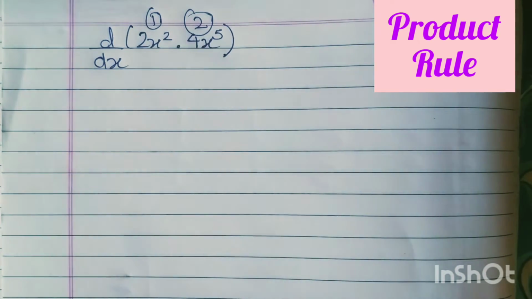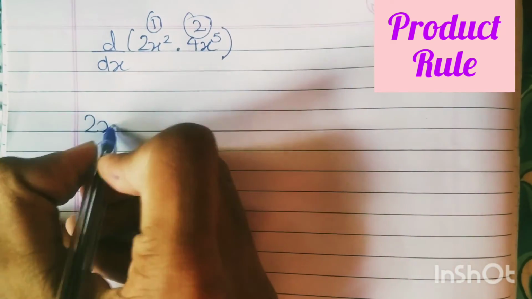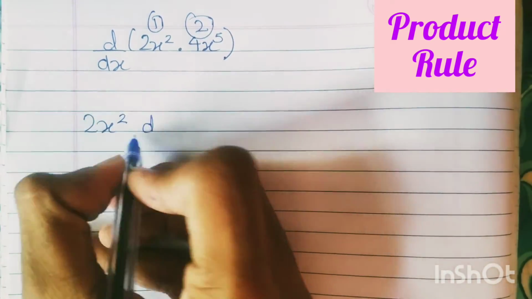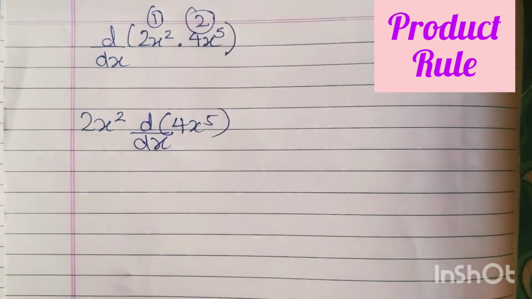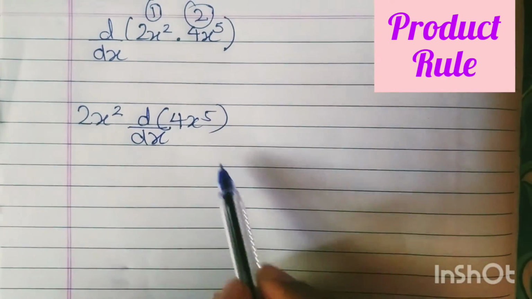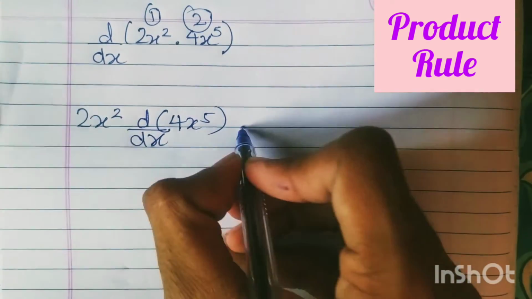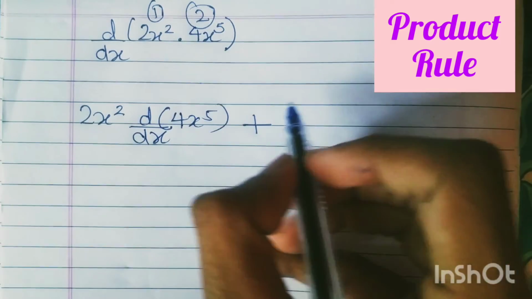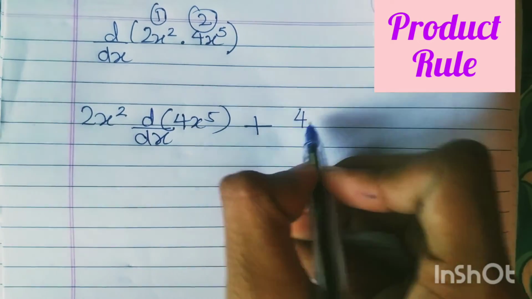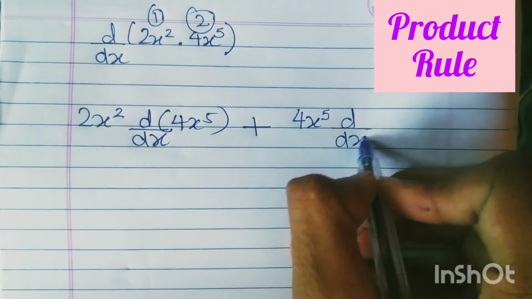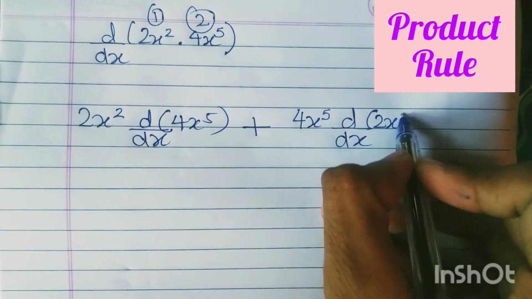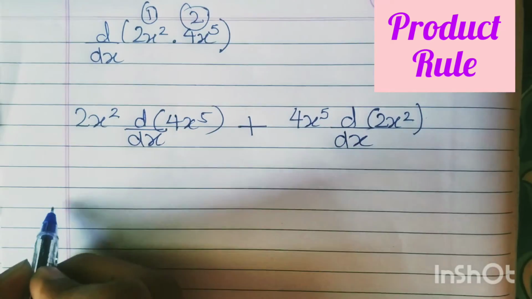So according to your rule, you will write your first term first, that is 2x square, then d upon dx of your second term, that is 4x^5. We have done the first part. Then remember the formula, we have a plus sign in between. Then we will write the second term, that is 4x raised to the power of 5, d upon dx of your first term, that is your 2x square.